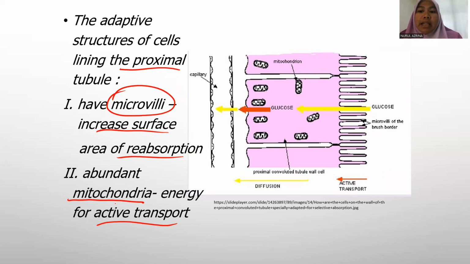So you can see it has microvilli and also a lot of mitochondria. That is the adaptation of the proximal tubule that enhances the process of reabsorption.